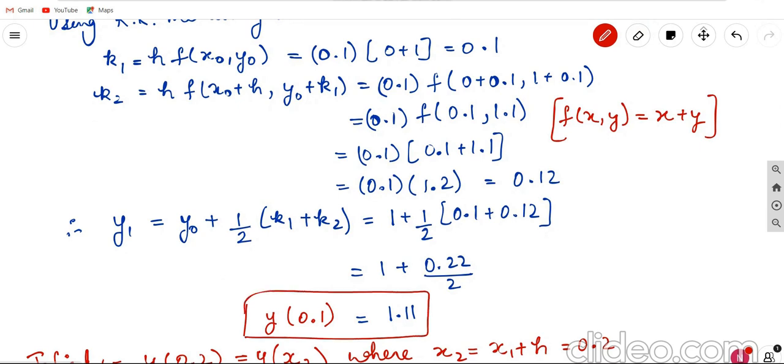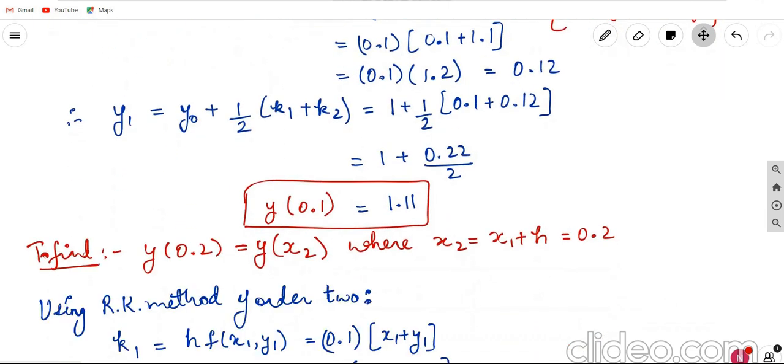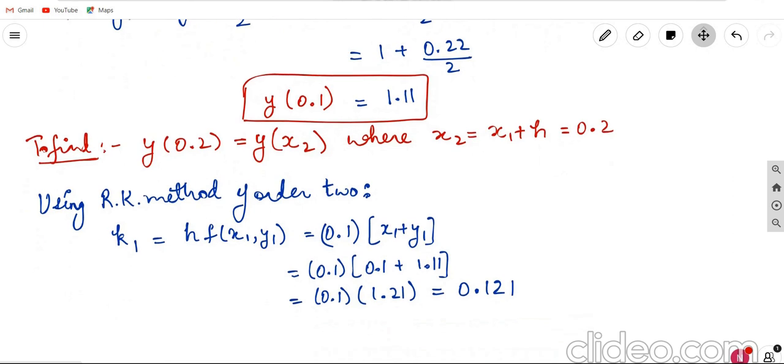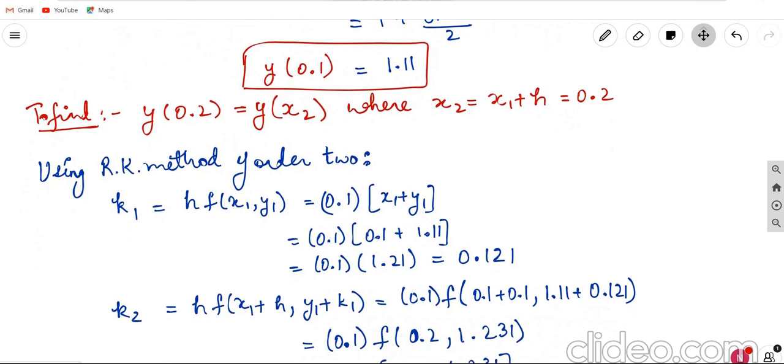Now, we have to find out y at 0.2. So let us find the next approximation, that is the second approximation, y at x2, where x2 is 0.2. Using the above formula of order 2, now we have k1, which is h times f of x1, y1.